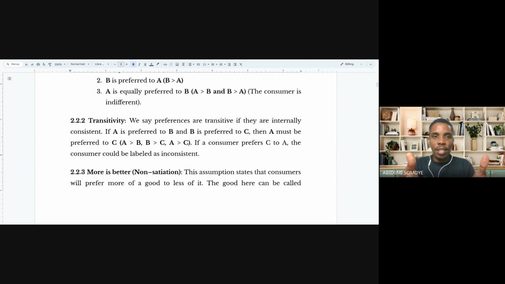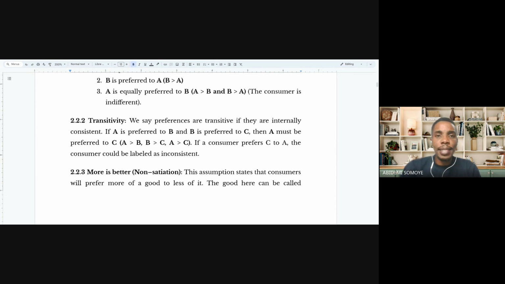So in transitivity, when we say preference is transitive, we are saying that if you as an individual prefer an iPhone to a Samsung, it means that you prefer A to B, and you prefer Samsung to a Techno, which is B to C. That's what it means by B greater than C. There's every tendency, all things being equal, that you would also prefer an iPhone to a Techno, which is A greater than C. That is what we refer to as being rational or being consistent as a consumer.